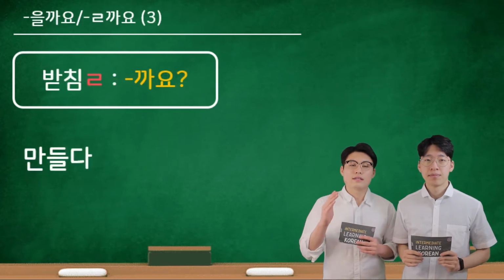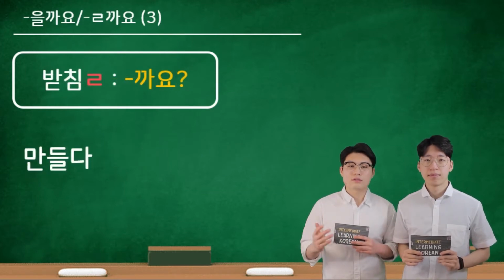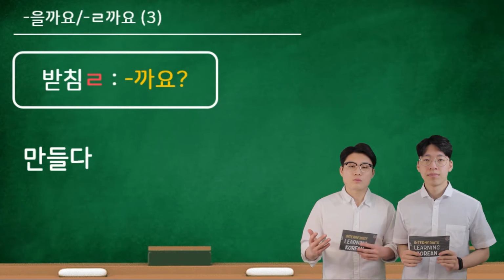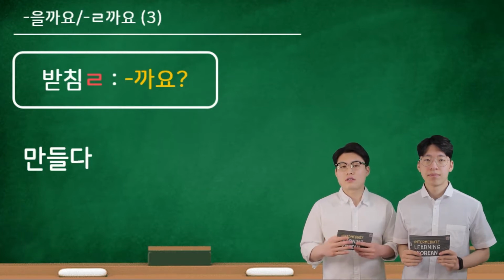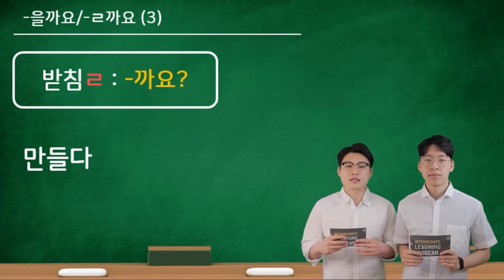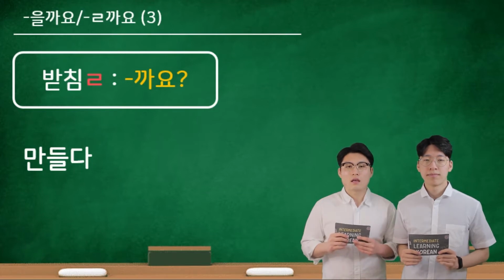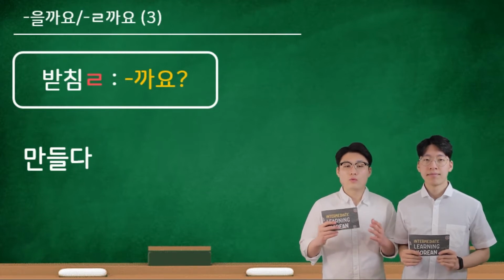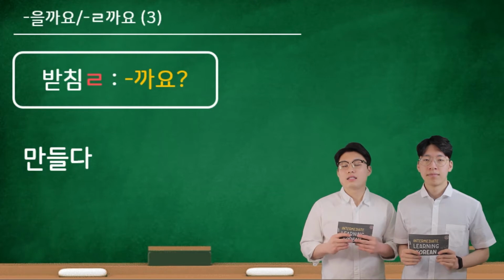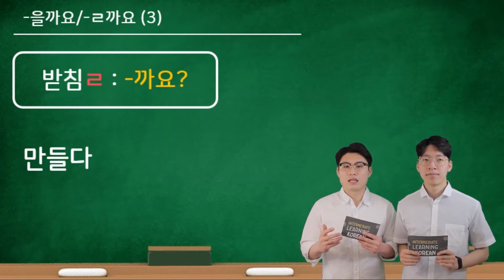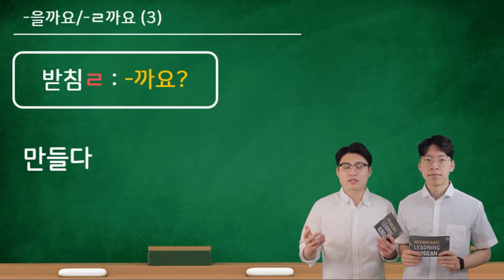By the way, 리을까요 is also used for verbs in which the final consonant of the stem ends in 리을. For example, when we remove 다 in the verb 만들다, there is a final consonant 리을.